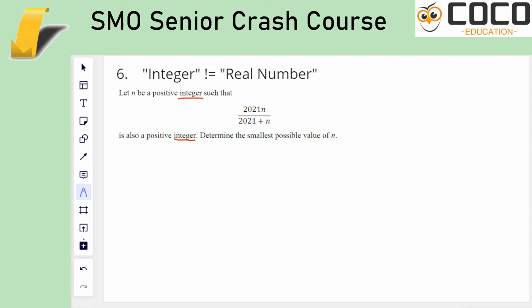As I mentioned in the junior video, integers are limited. Integers can be listed. If I told you that I've picked a positive integer less than 5, you can list out 1, 2, 3, 4. If I told you I've picked a real number less than 5, good luck listing out real numbers up to 5. It's uncountably many.